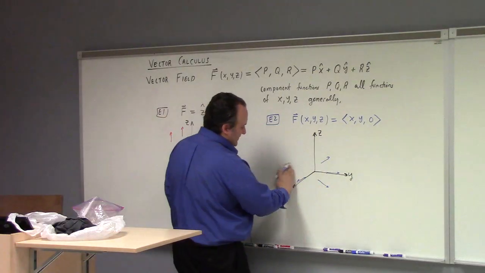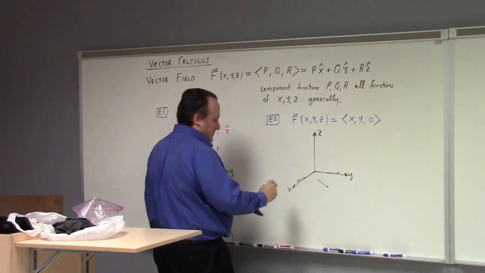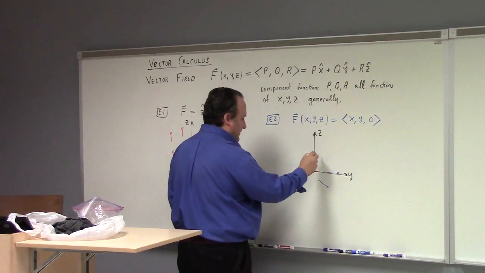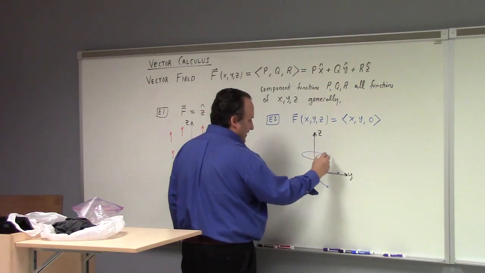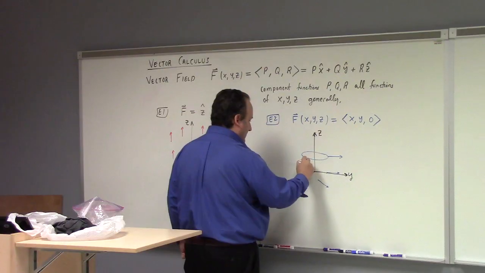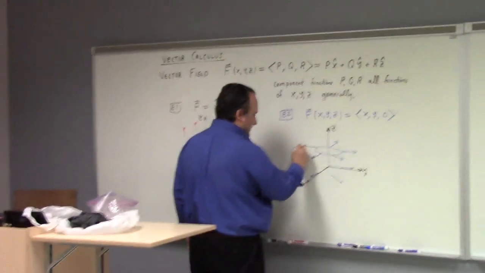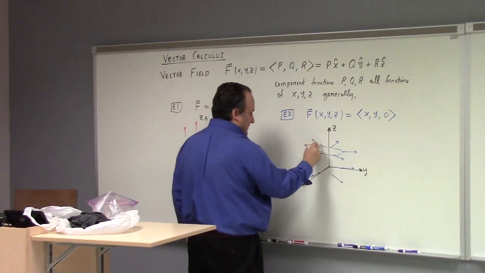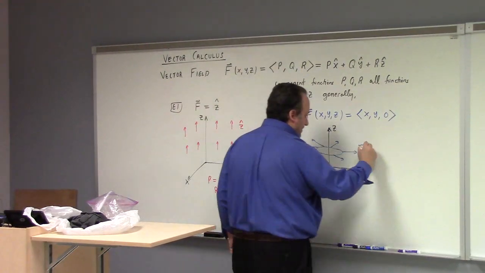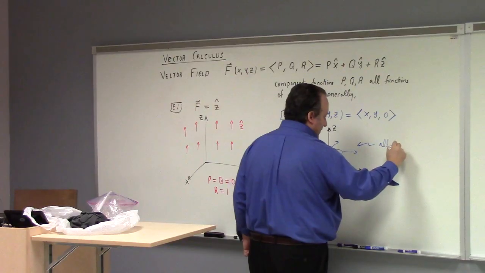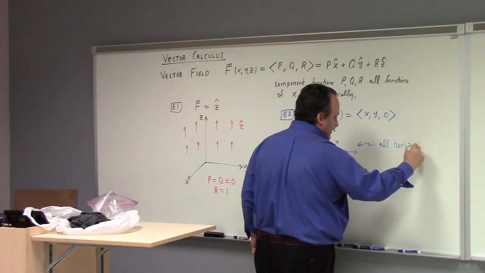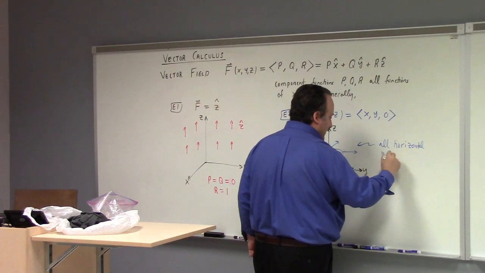Let me not even try these ones. But if I go up, maybe I should draw a circle for reference. On this circle, it's going out like that, like that, like that, back like that, over like this. My picture doesn't do it justice. These are all horizontal, or if you will, parallel to the xy plane.